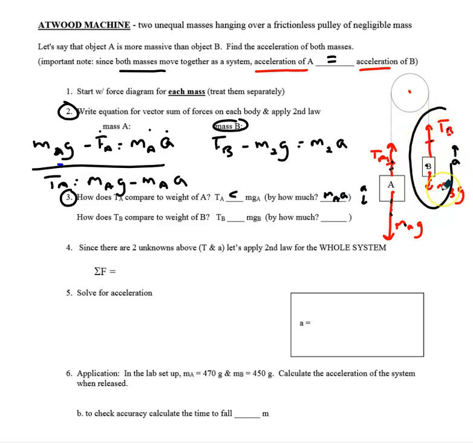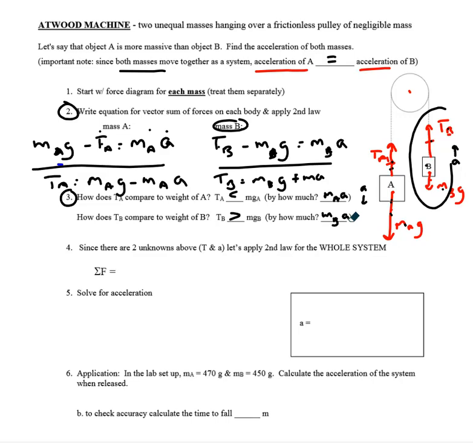This has got to be bigger than this. By how much? Well, if I look at this equation here, I see TB equals MBG, I don't know why I kept using the 2's, plus MBA. So it's got to be greater by MBA. So the amount of acceleration determines how much we add or subtract from the tensions.